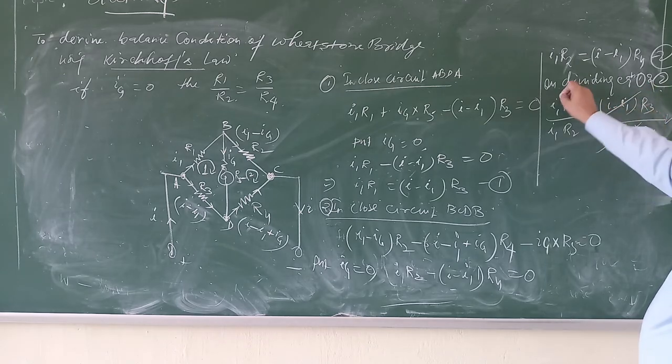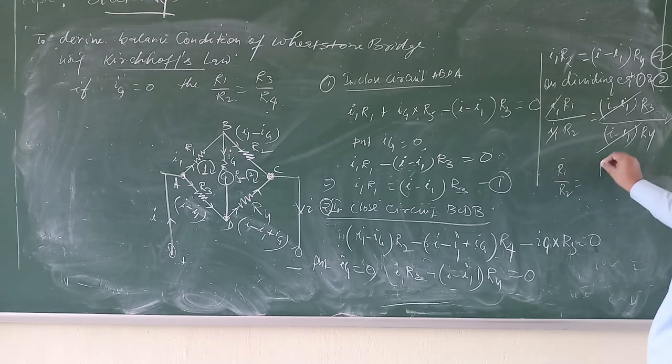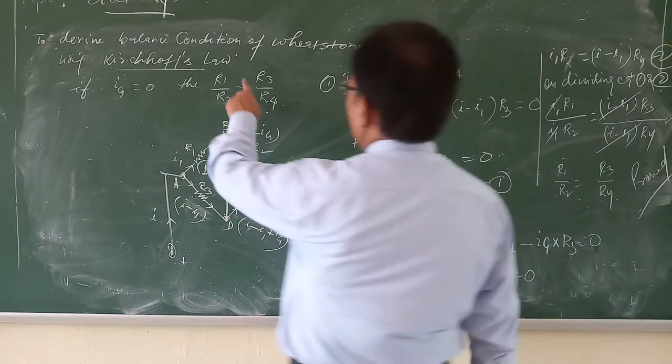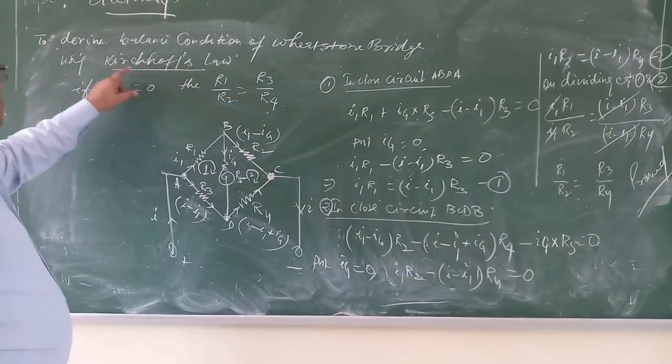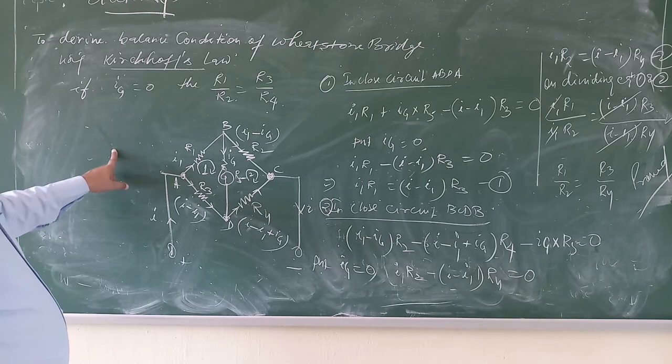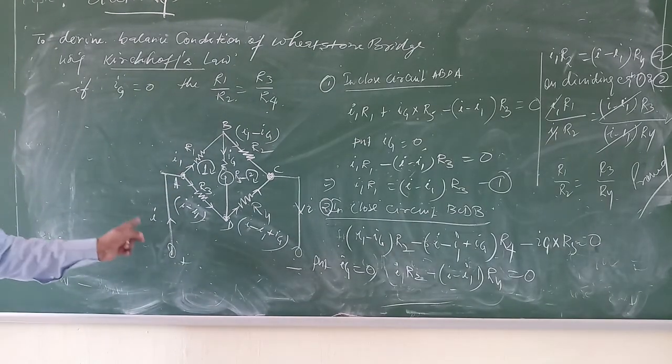So this term cancels. So R1 by R2 equal to R3 by R4. So it satisfies this condition, R1 by R2 equal to R3 by R4. So this is the method for finding the balance condition using Kirchhoff's rule. So you note down this one.